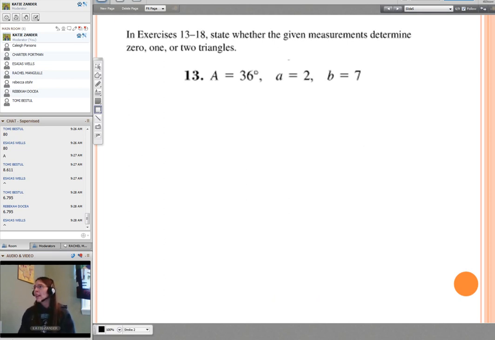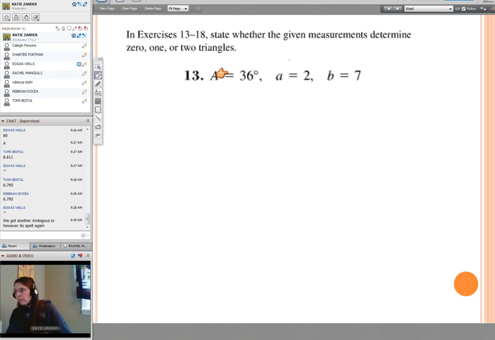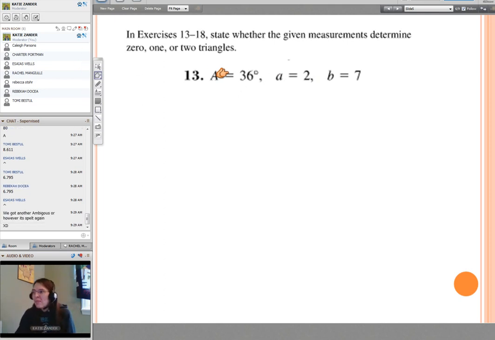So more than likely if they're asking us if there's 0, 1, or 2, we're probably looking at the ambiguous case here, right? So side, side, angle. And that does appear to be what's happening because you're given two sides and then the angle. Yep, the ambiguous case. You got it.